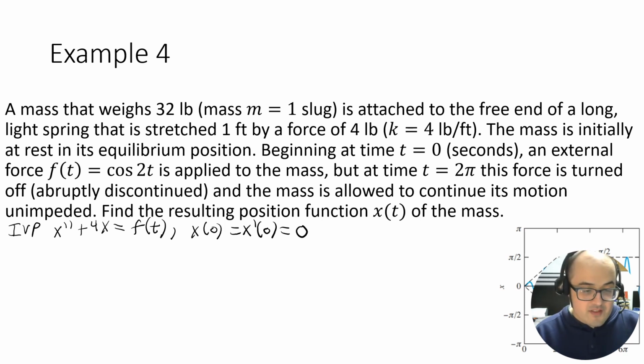And f of t, which we were given as that cosine of 2t, is that same function we just had on that last slide of example 3.